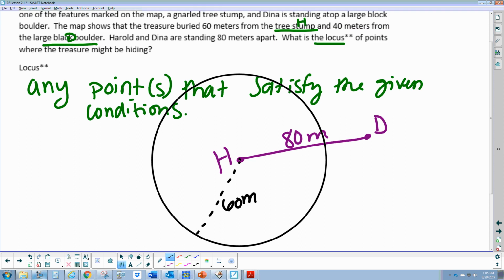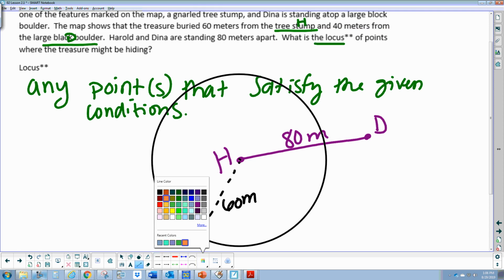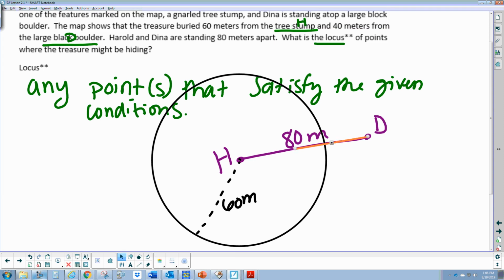Now I want to do the same kind of thing, and I want to visualize all of the possible points that are 40 meters away from Dinah. So I'm going to do the same thing. Here's 40 meters. Okay, so these are every single point where this orange line touches is going to be 40 meters away.